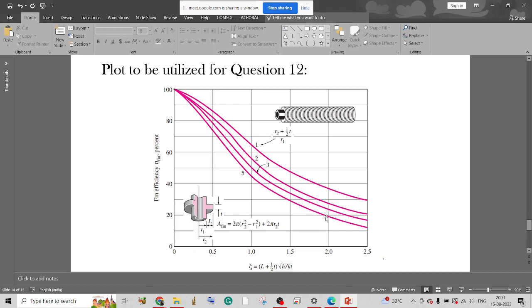See, it is one, almost two, right? So you will follow the second graph. Your efficiency eta, that is the x-axis, you have also found to be 0.21, right? Mine came out to be 0.207. So it is close to zero.